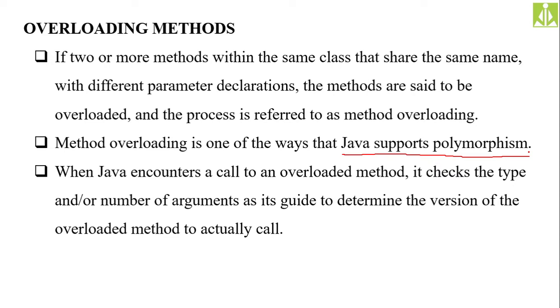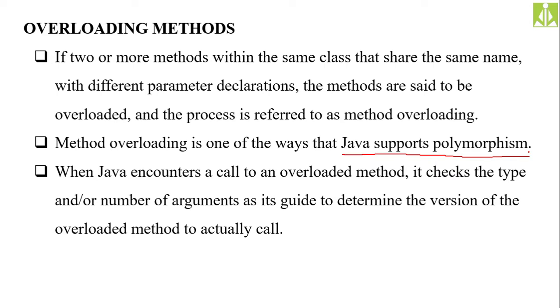Whenever we are using a method definition inside a class, we are specifying the return type of that method, we are specifying the name of that method, and we are also specifying the parameter list. I mean, what input parameters the method is going to take when it is invoked.